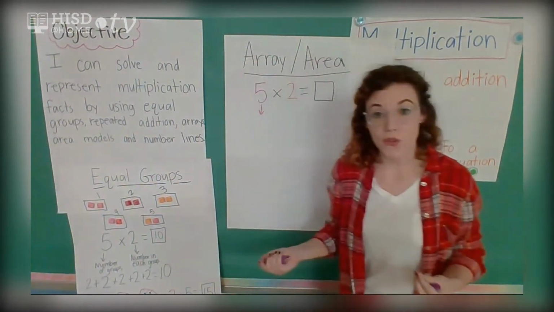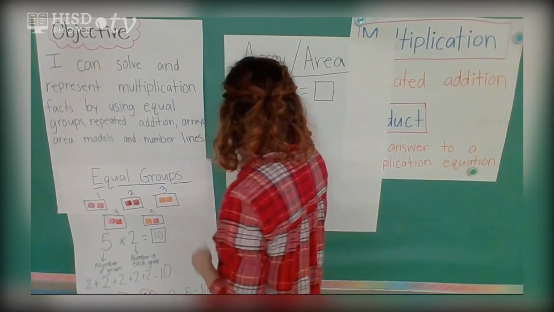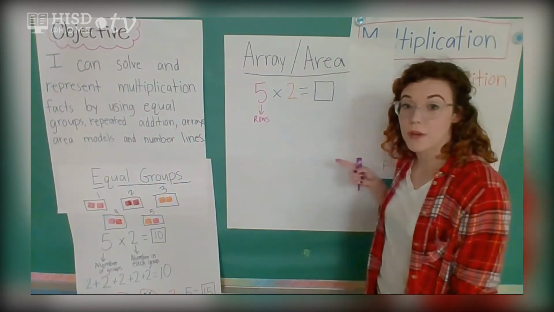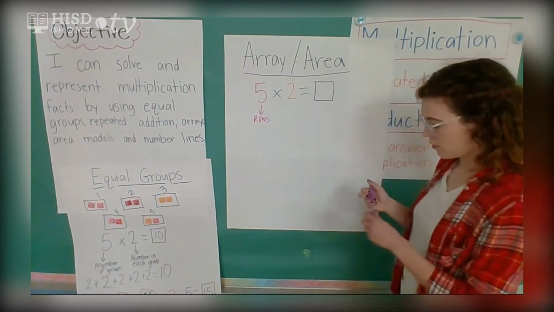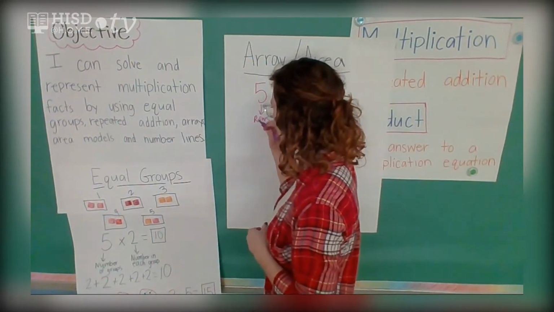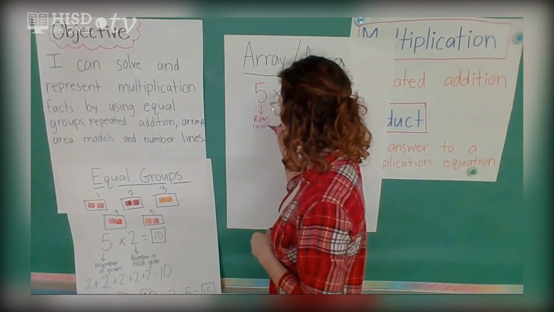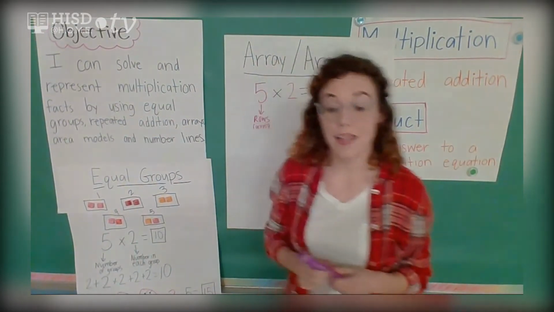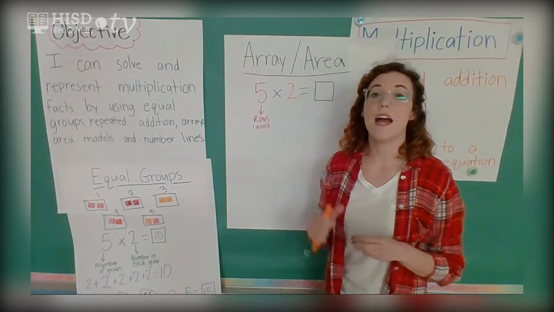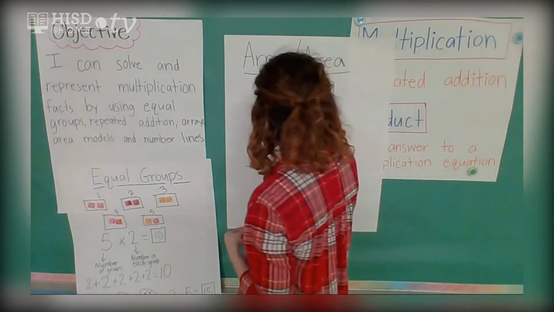These are the rows. I'm sorry, how many you go across? Rows go this way. And I'll just write across. So we know we're going across. And the second number that we're multiplying is the columns or the number in the rows.